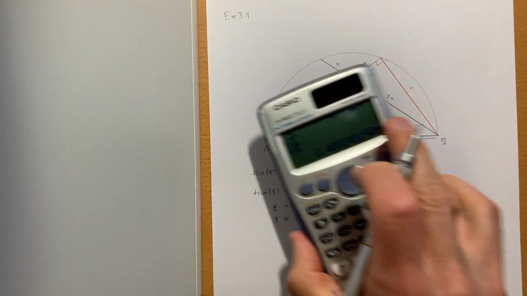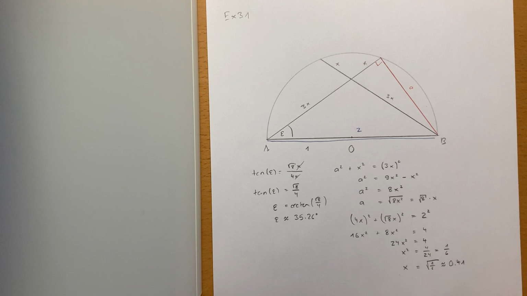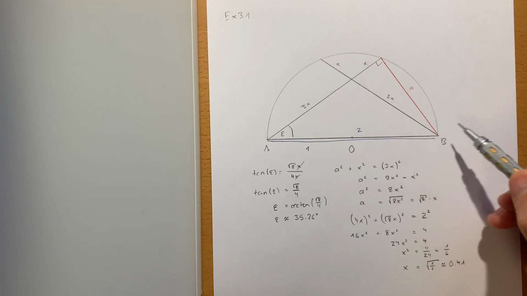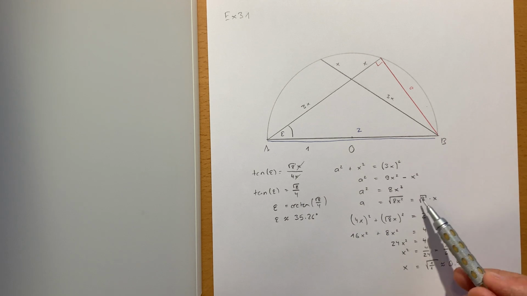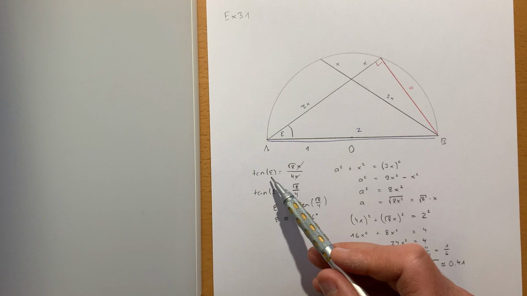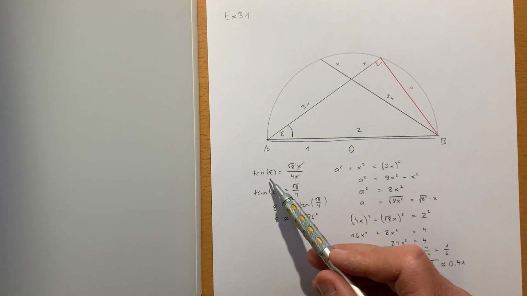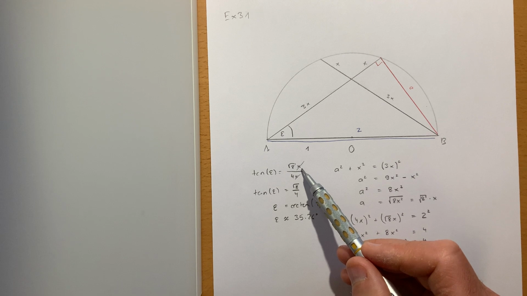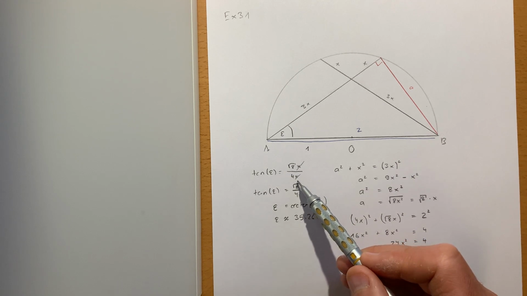0.41. As a quick recap, the only thing we did, we introduced the line A, then we worked out A in terms of x. Like that, we were able to work out epsilon because it's a ratio, the square root of 8 times x over 4x.